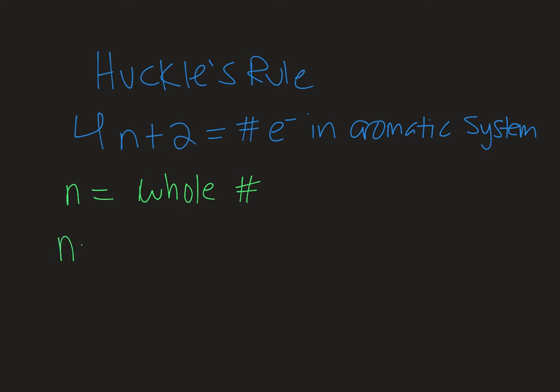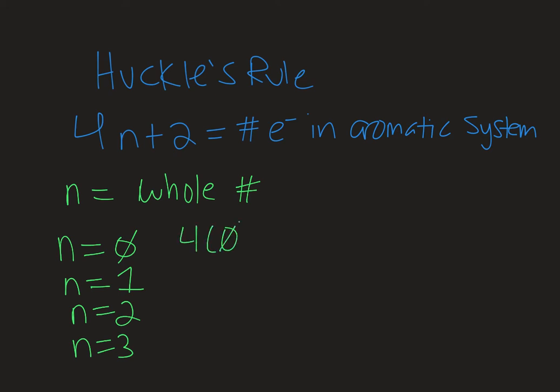So if we look at this here, we'll just see a trend forming. n could equal 0, 1, 2, 3. And if I plugged it into my formula, 4 times 0 plus 2 equals 2 electrons in a system that is aromatic. 4 times 1 plus 2 equals 6.